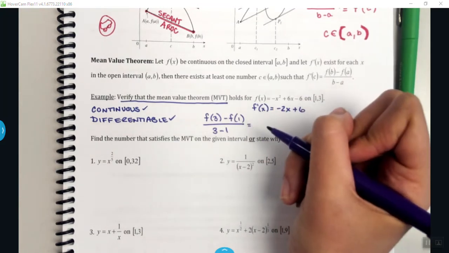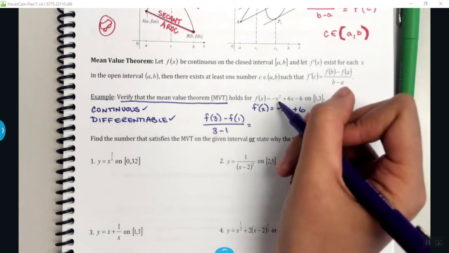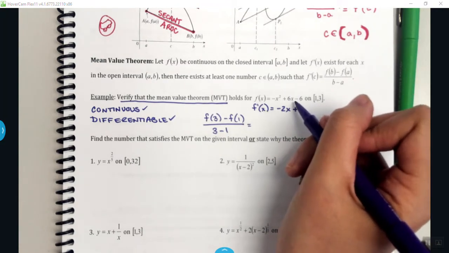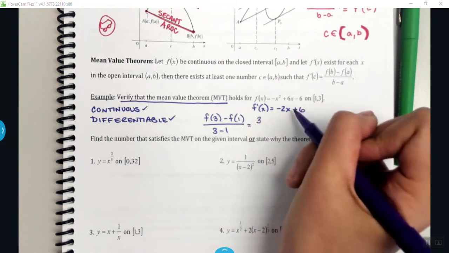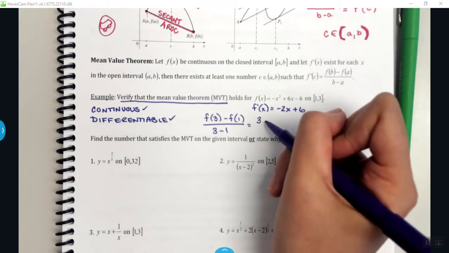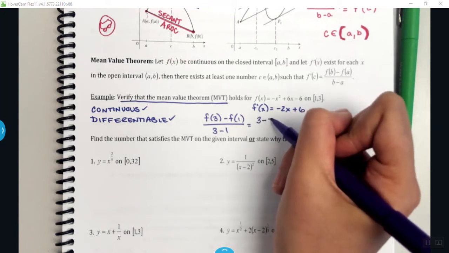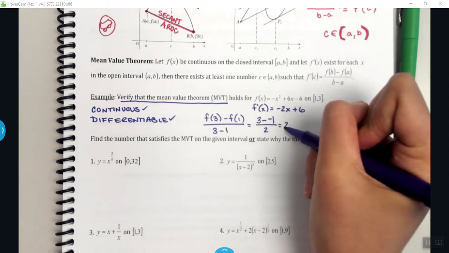And we get 3, 9, 3, right? And then 1 in here is 1. So minus negative 1 plus, over 2, 2.